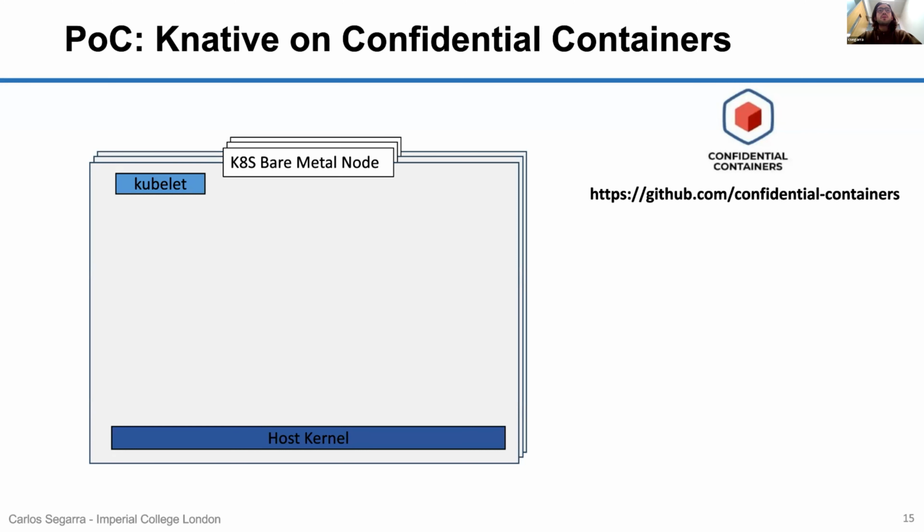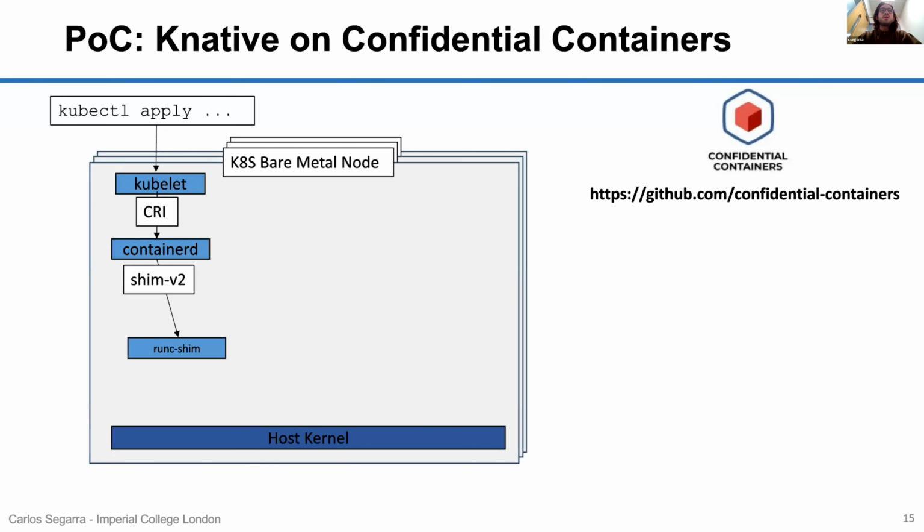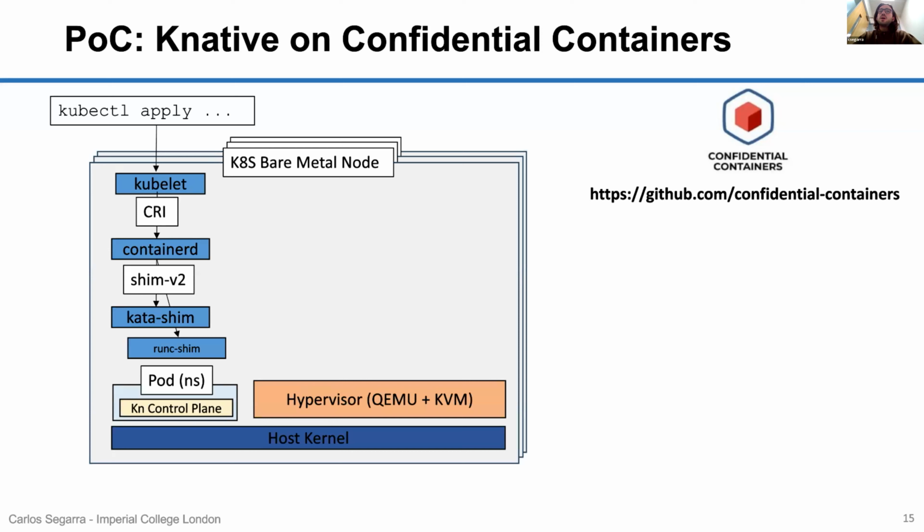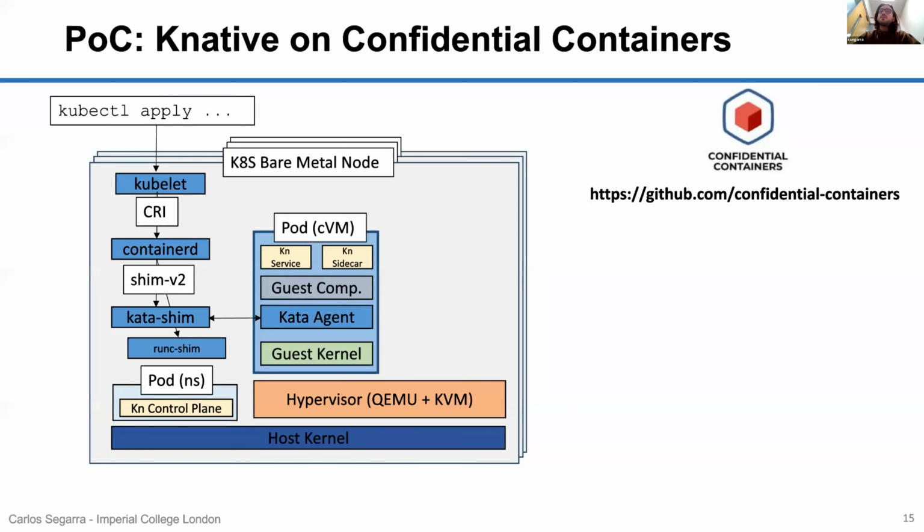I will now dive in more detail into the architecture that we've built, to understand what security mechanisms we provide. By default, when using Knative, Kubelet through containerd and the runc shim will execute different pods using regular namespace isolation. In contrast, our prototype uses a special shim v2 interface that talks with the local hypervisor and executes different Knative services inside different CVMs, which stands for confidential VMs.